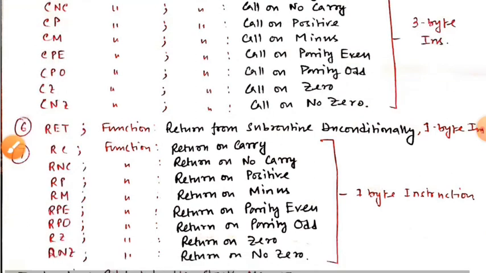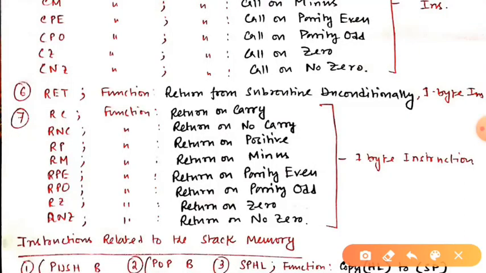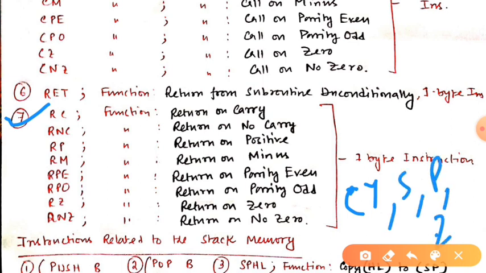Let us also discuss the conditional return instructions. As we can see, it also depends on the four flag bits: carry flag, then the sign flag, then the parity flag, and the zero flag. Based on that, we have return on carry, return on no carry, return on positive, return on minus, return on even parity, return on odd parity, return on zero, and return on no zero. So if the condition is met in each of the cases, it will return to the main program.